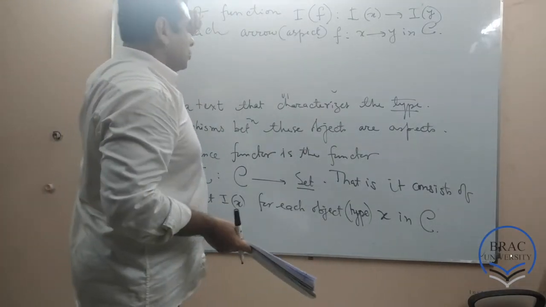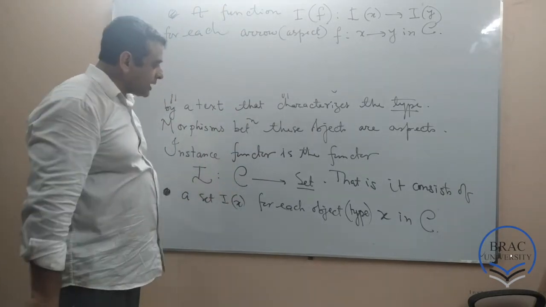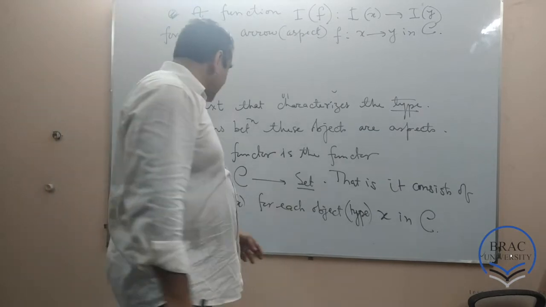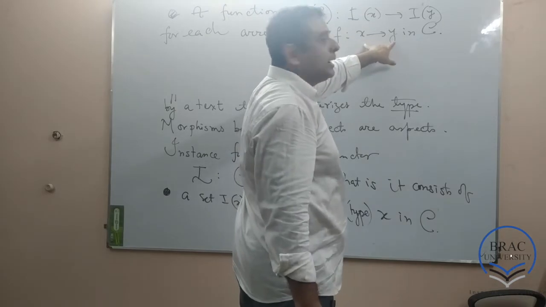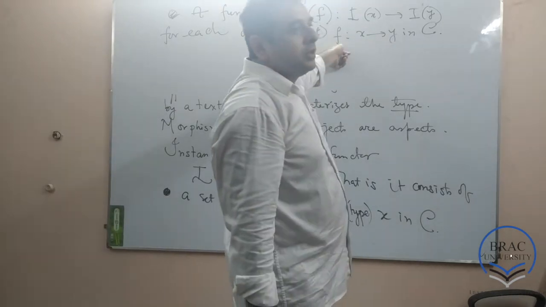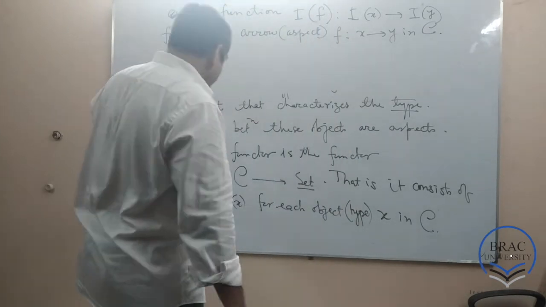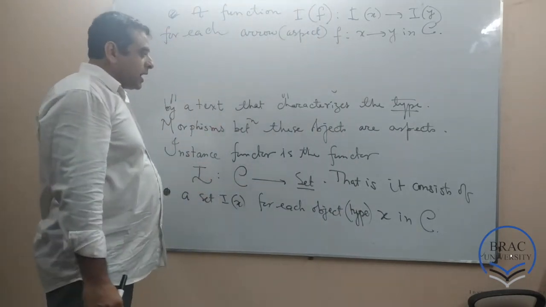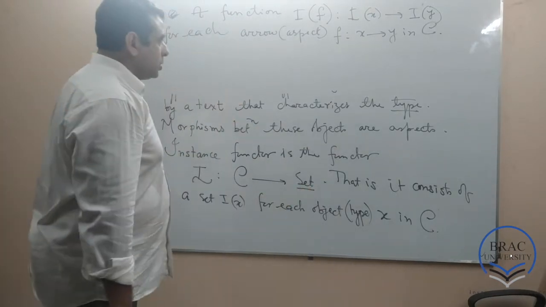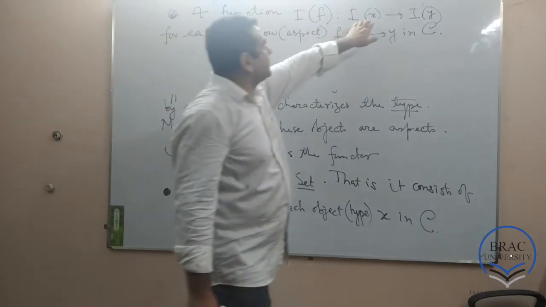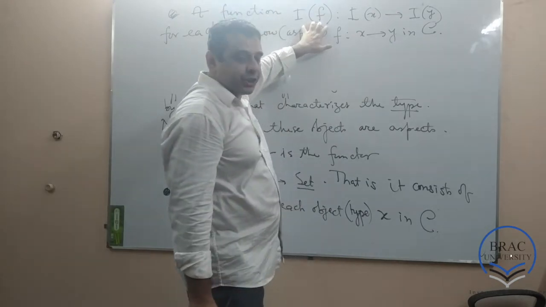So what did we have initially in the category C? In the category C, we had two types connected by an aspect f. All right. Whereas by means of a functor I moved everything to the category of sets, where Ix is a set now, Iy is also a set, and If is a function.